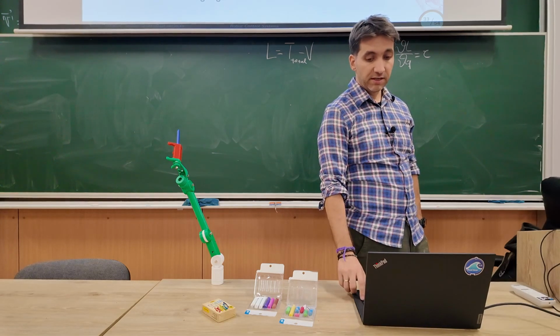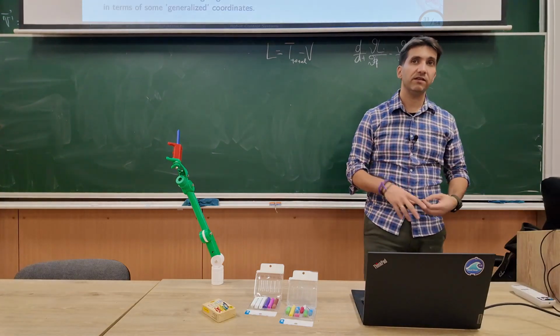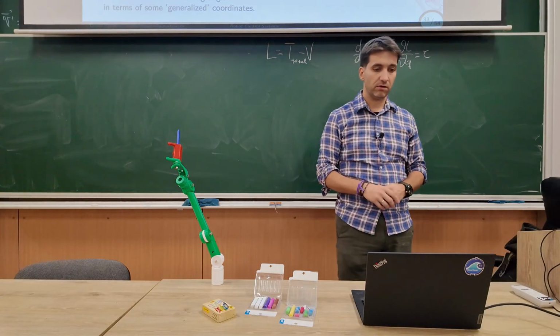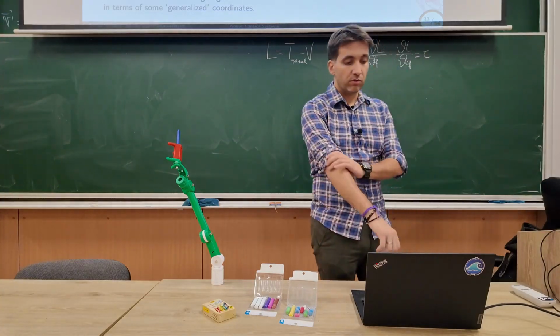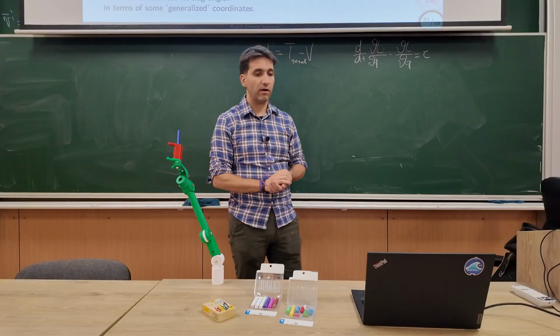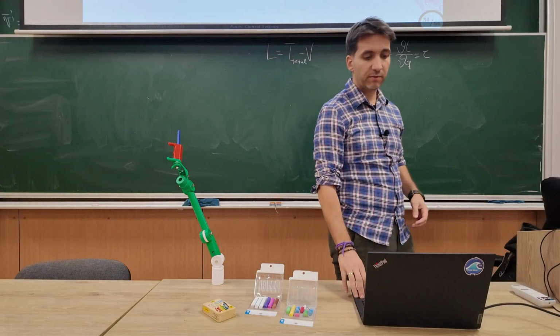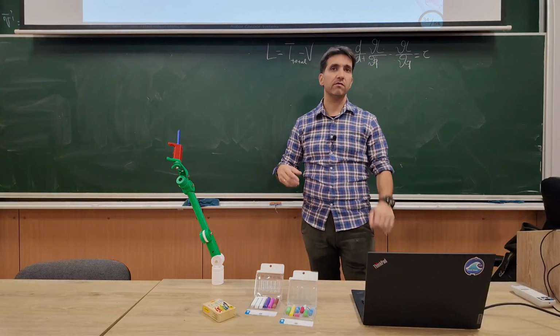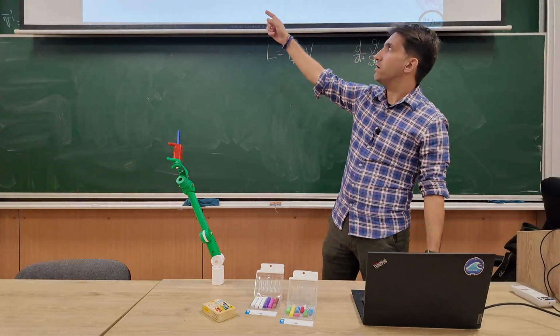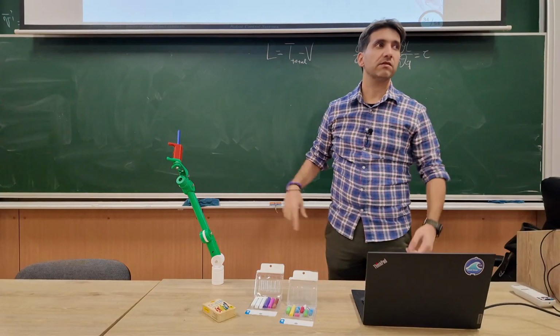We need to calculate the Lagrangian, and we said that we express the Lagrangian in generalized coordinates. I kept on using this letter Q, so probably you see where it's going. But basically, we could describe the Lagrangian in terms of x and y coordinates. That would imply calculating the coordinates of the masses in x, y.